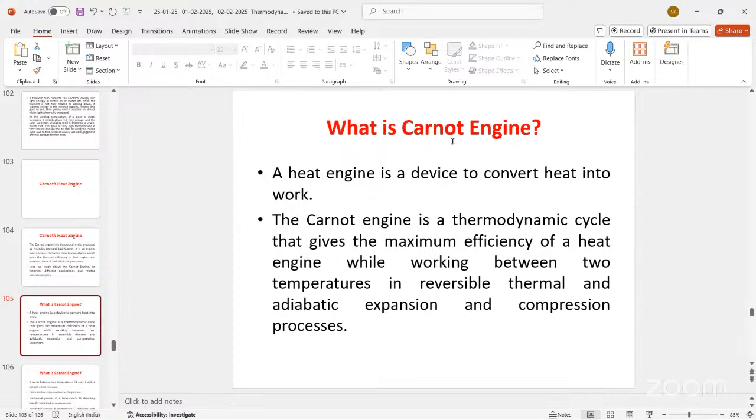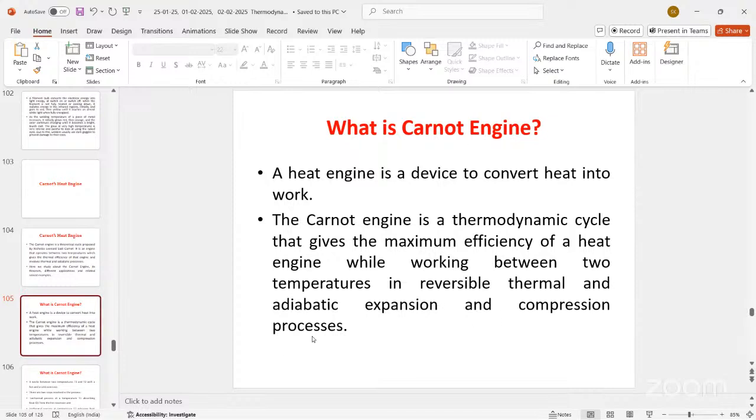The Carnot engine is a thermodynamic cycle that gives the maximum efficiency of a heat engine which works between two temperatures, in reversible isothermal and adiabatic expansion and compression processes.